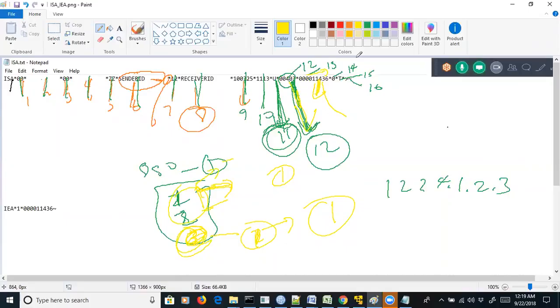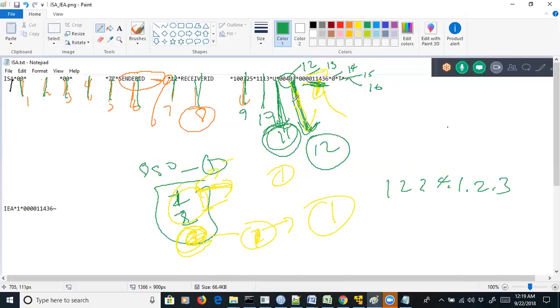This control number has a lot of advantages. It is used to uniquely identify your document or the envelope, and it is also used to validate your data. How it helps, I will explain later, but for now, just consider that this is a unique interchange control number, unique for every single transaction.